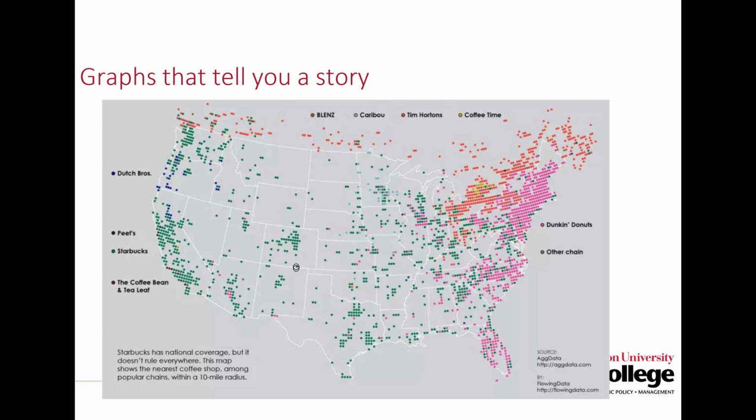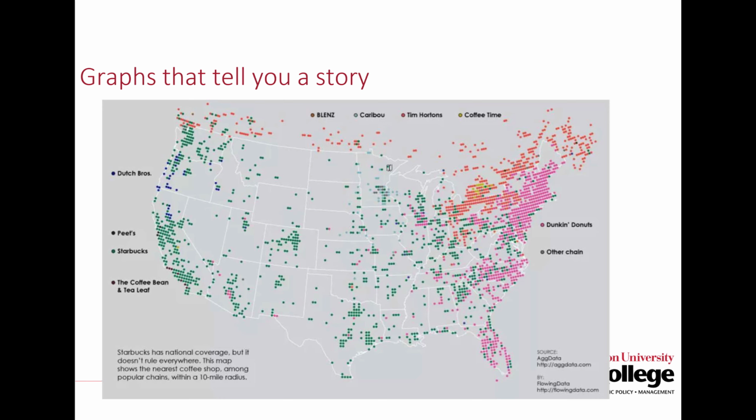Here's an alternate way of looking at that same information. This graphic shows all of the different coffee vendors on the same map, with the various dots indicating the density of that particular coffee vendor. Okay, so here we've got Starbucks all over the place, but Dunkin' Donuts, very important, especially in the Northeast, but also along the West Coast and out into the Chicago area.